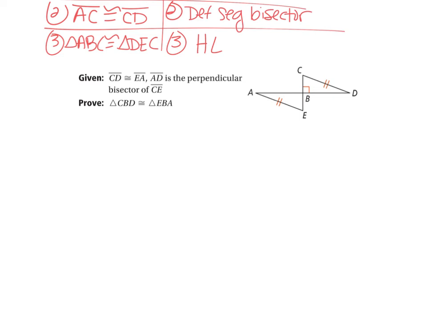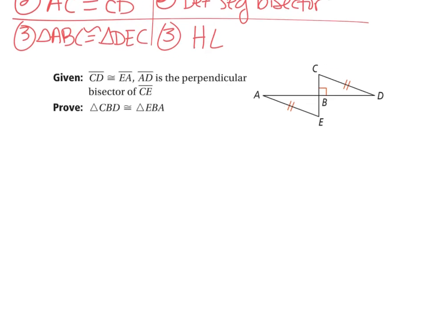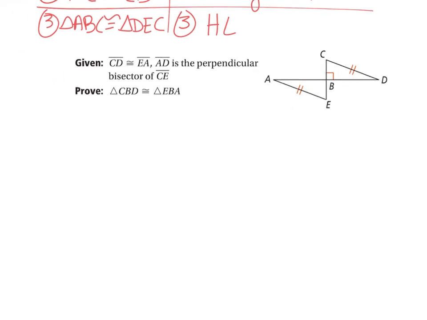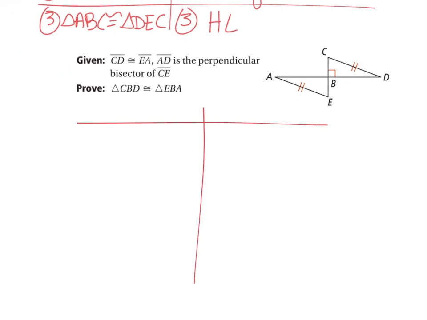Okay. Last one. I know I'm going fast on this. If you need to rewind and watch it over again, please do. Okay, so let's go ahead and go into this one. So I've got, do it really fast, statements, reasons.